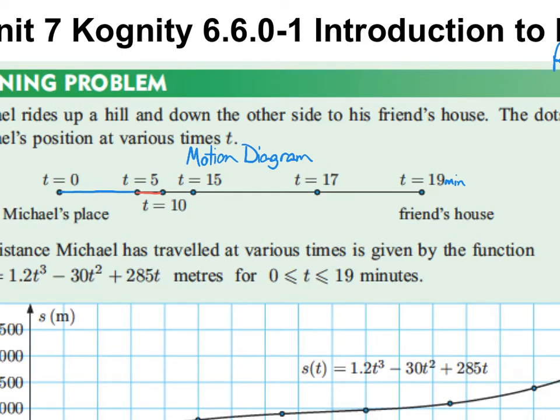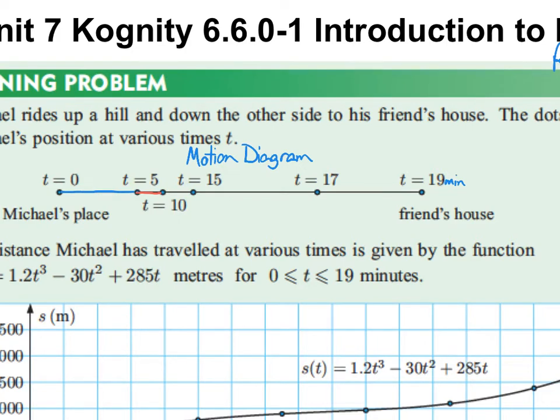So he's able to cover this much distance in the first 5 minutes, but evidently the hill must be getting steeper or something like that in here. So he's slowing down, okay? He doesn't cover as much. And if you've ever ridden a bike up a hill, you know what I'm talking about, all right? It's harder to ride. Even if you have different gears you can put it into, you're going to end up slowing down, okay?